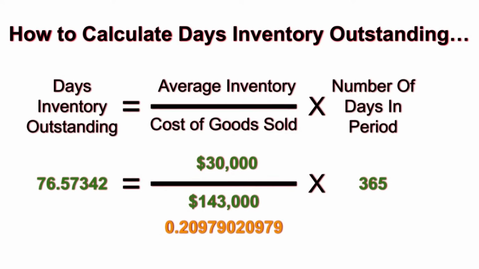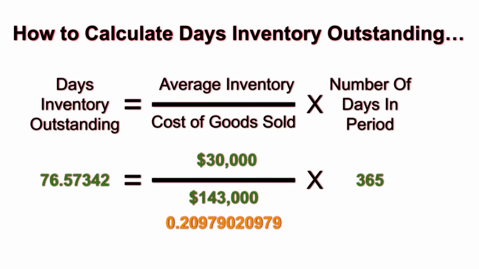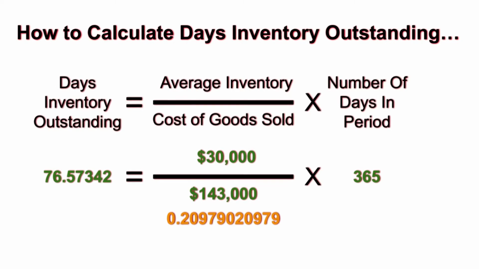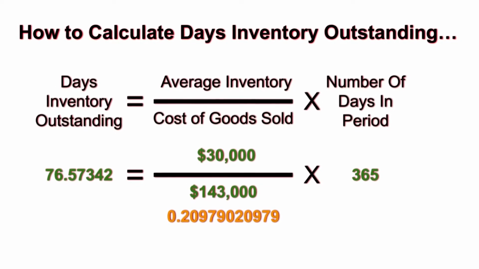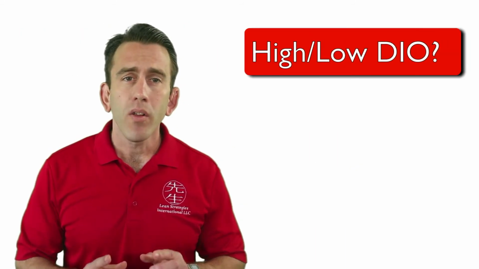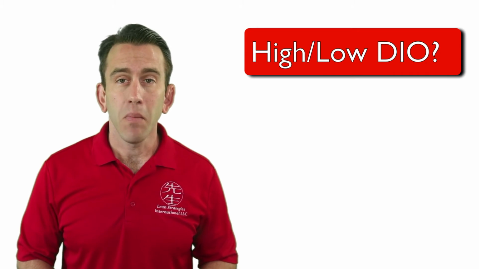For example, if our period was a year, we would multiply our answer by 365 days. This would equal a DIO of 76.57 days.